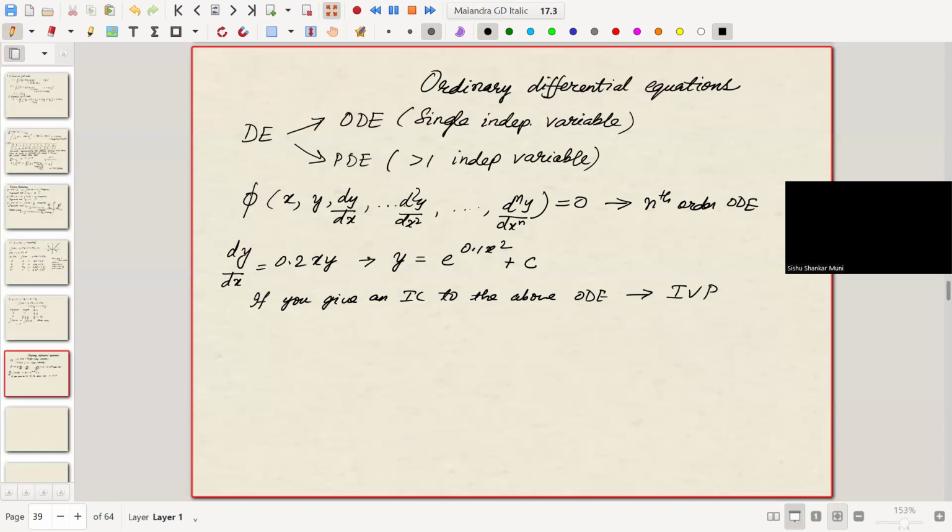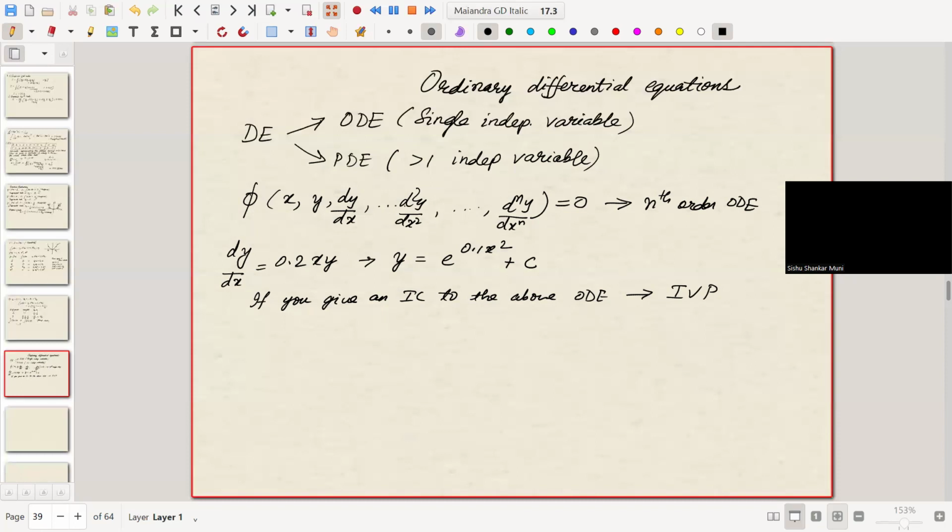So what we just learned is that uniqueness is provided by the initial conditions. If you choose one of the solutions, fine, else it will be just C and it can have infinitely many solutions. So if you say y at 0 equals 1, then you put x equals 0 and solve for C. Then it will be just one equation and one solution.